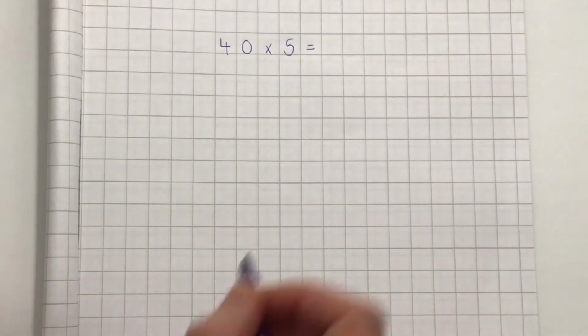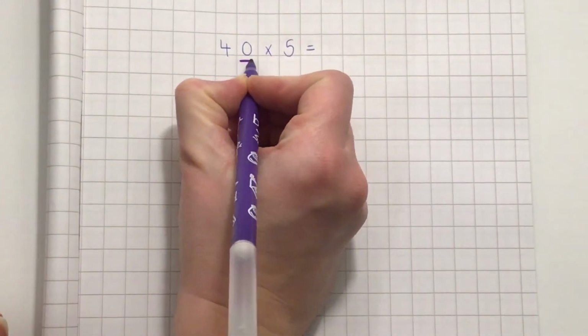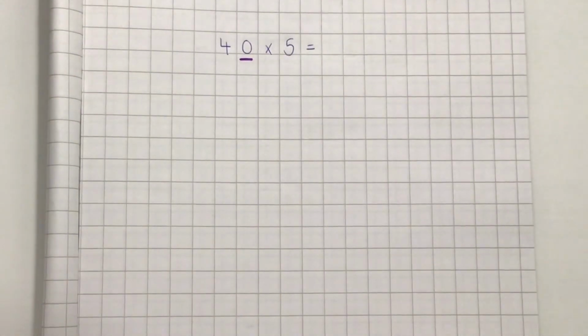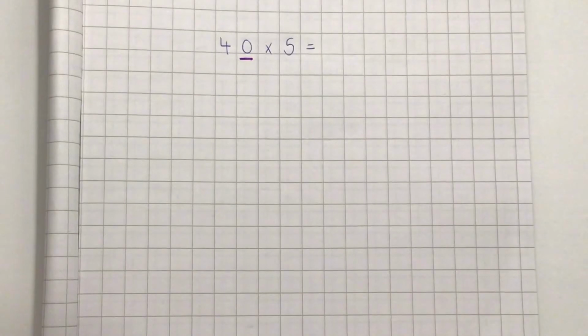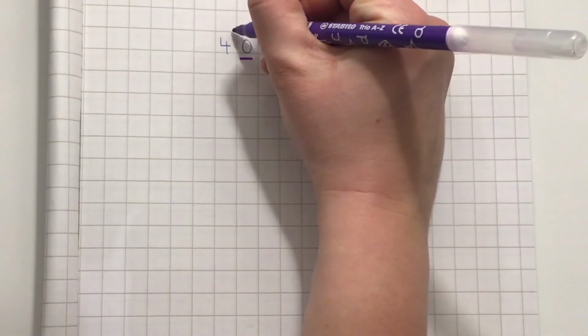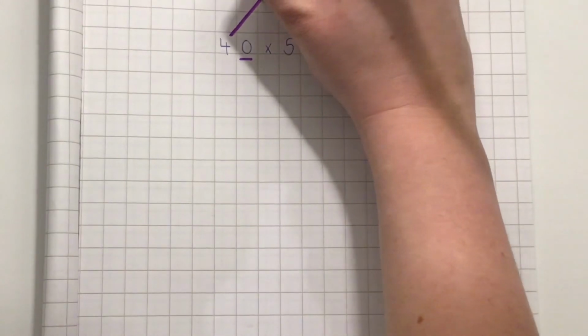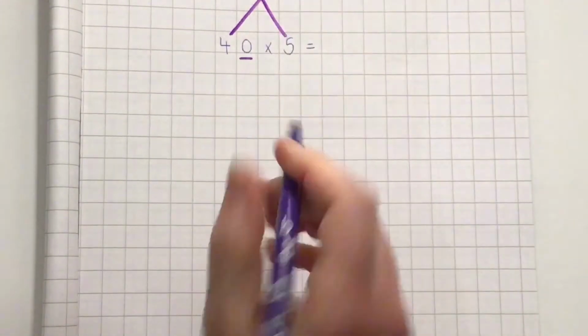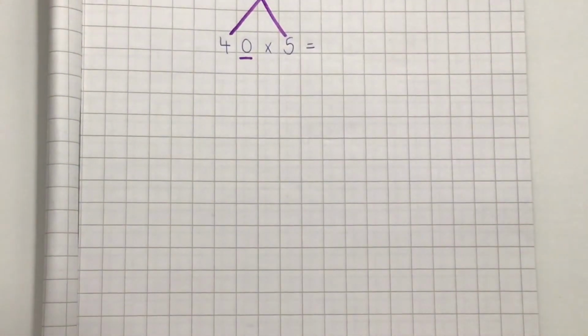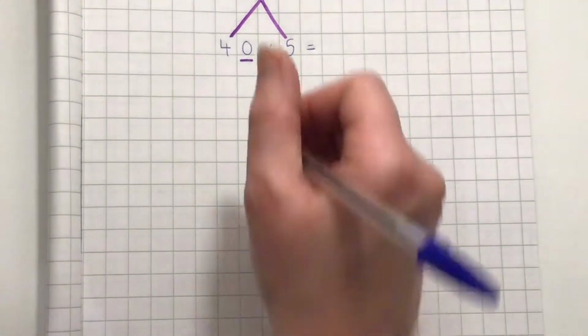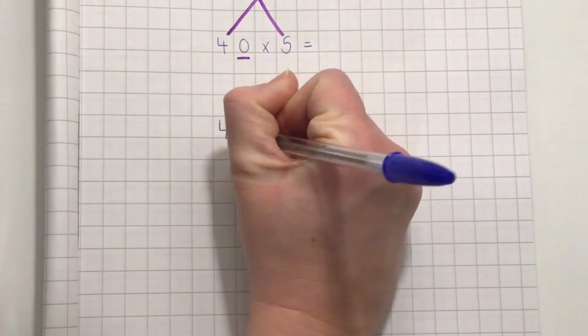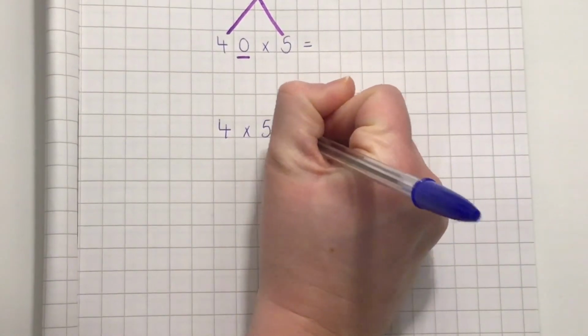So first, we need to ignore the 0 for now and begin by drawing our wizard's hat. So I'm going to draw my wizard's hat from the 4 in 40 and join that to the number which we are multiplying by, which is 5. That gives me my new multiplication of 4 times 5.